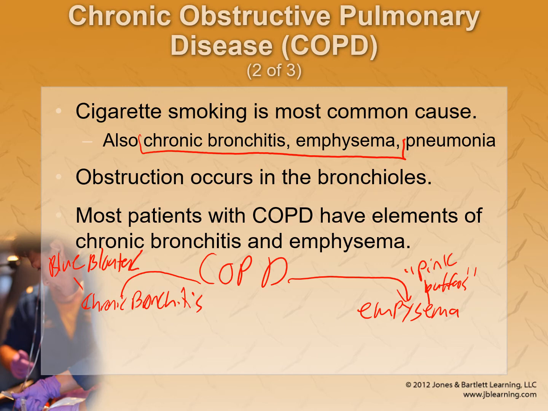You'll never see those terms on the test, but they give you the trope that you're looking for in these patients. So as chronic bronchitis, the name would suggest, itis just means inflammation of. I know we often think about bronchitis as being an infection, but all itis means is inflammation. So these patients have chronic inflammation of their bronchial tree, their main bronchi all the way down to their bronchioles, chronically inflamed.